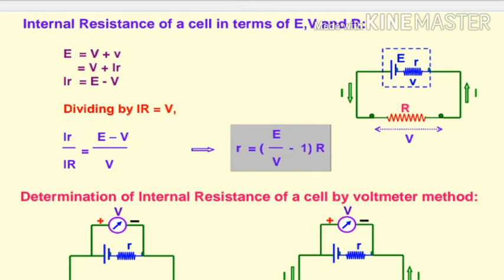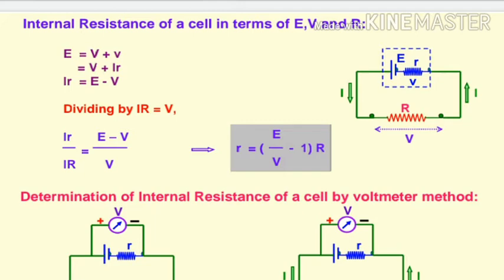So I into small r is equal to E minus V. If we divide both sides by IR, that is V, then I R cancels on the left side, and on the right we get E minus V by V. So R by small r is equal to E minus V by V, so small r equals (E minus V by V) whole times R.